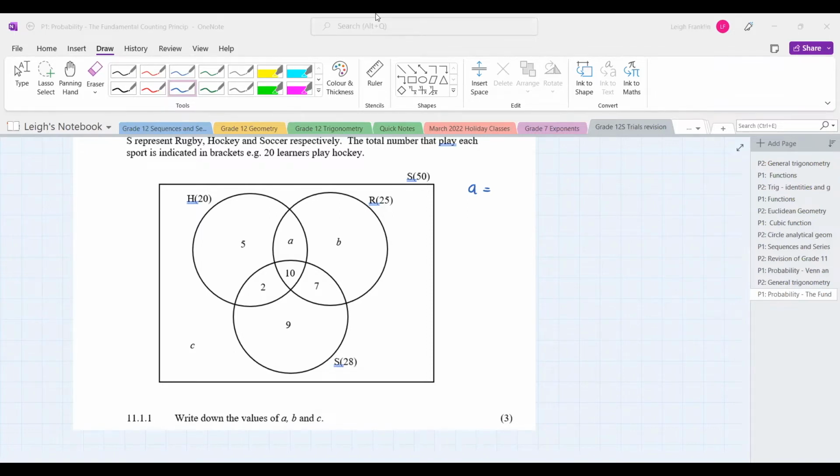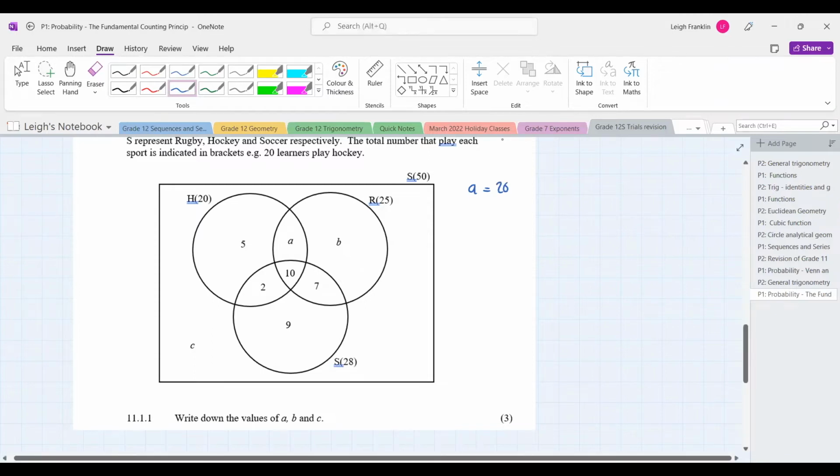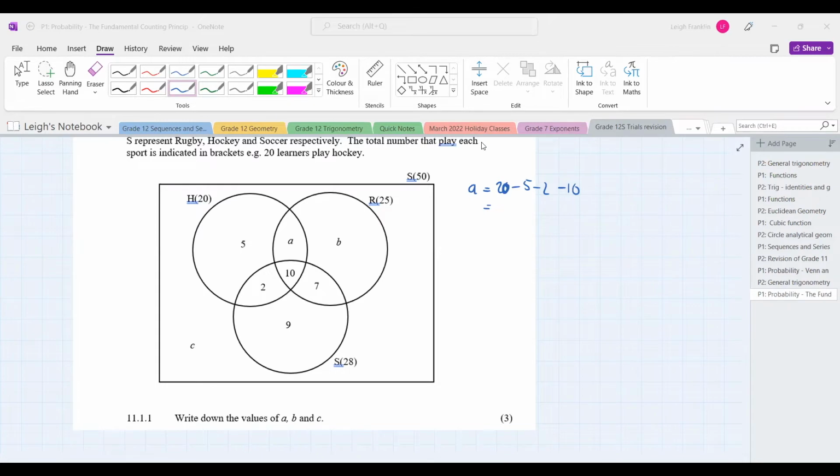Okay, so Kahola, you're saying 20, that's it. So we'd start with a total of 20. We would subtract 5, we would subtract 2, and we would subtract 10, and that would leave us with A. That's right, Kamisile, that's what I would have done.